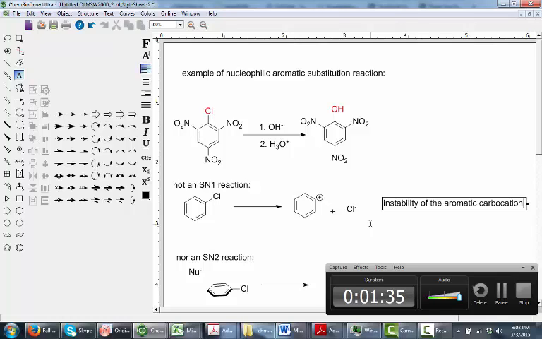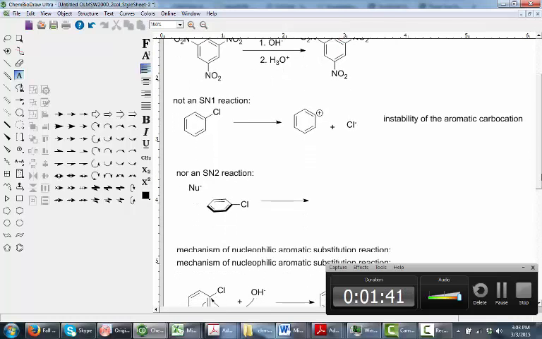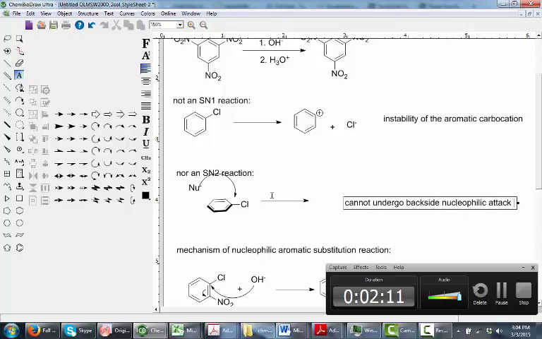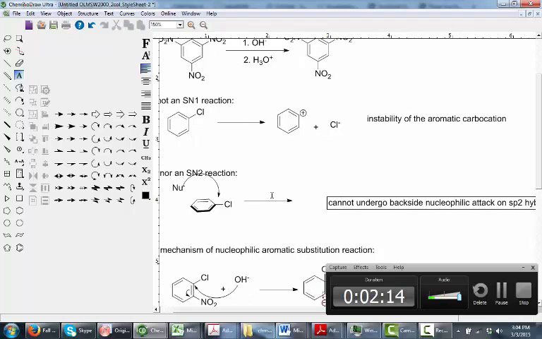This substitution of chlorine for hydroxyl is also not an SN2 reaction. The reason it cannot proceed via an SN2 mechanism has to do with the steric requirement for an SN2, which requires a backside attack of the nucleophile at the reacting carbon. Because of the sp2 hybridization of this carbon, you cannot undergo backside nucleophilic attack on sp2 hybridized carbons.